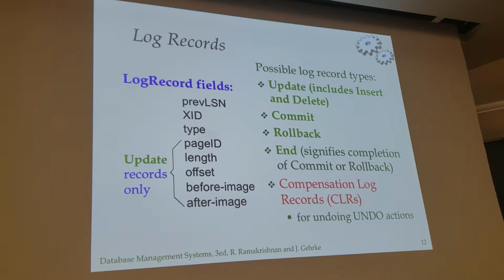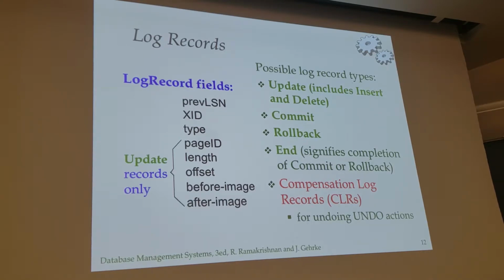So you have prev LSN, the previous LSN for that transaction. The XID is the transaction ID of the transaction that caused that record to be written. Every log record is written by one transaction. The type could be an update, which also includes insert and delete. There's no log record written for selects. Okay, and we'll talk about other types in a second.